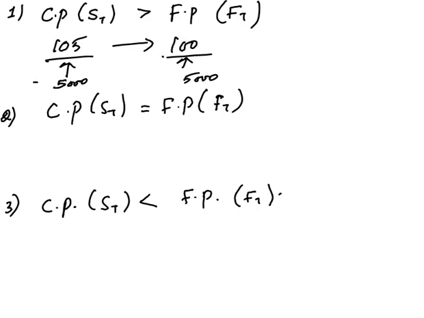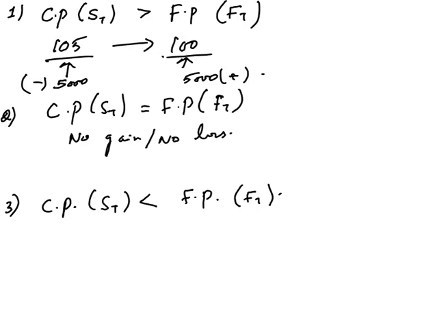So here there is a loss and here there is a profit. In scenario 2, the closing price is equal to the forward price. So here neither party will gain, no gain or no loss for both parties.